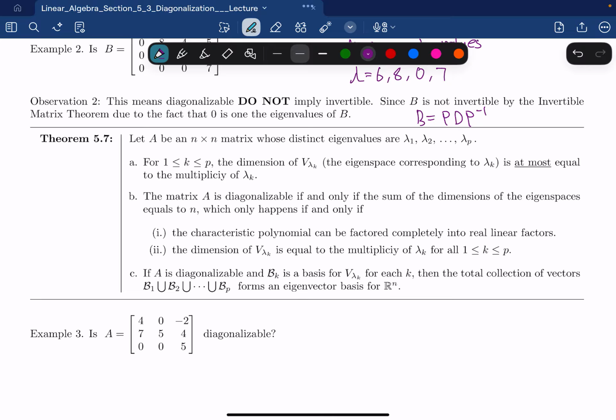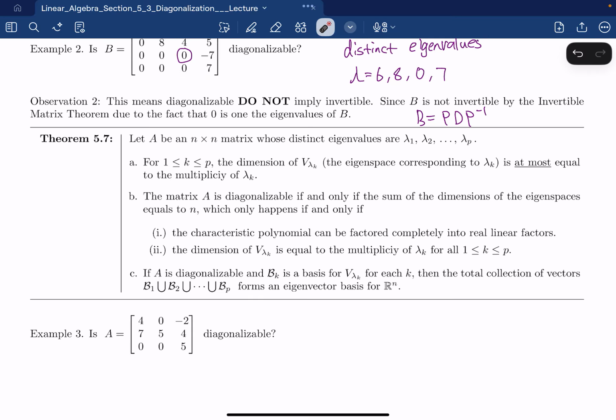We have some eigenvalues with non-trivial multiplicity, so some repeats. For some k, 1 less than or equal to k less than or equal to p, the dimension of the eigenspace is at most equal to the multiplicity of the corresponding eigenvalue.